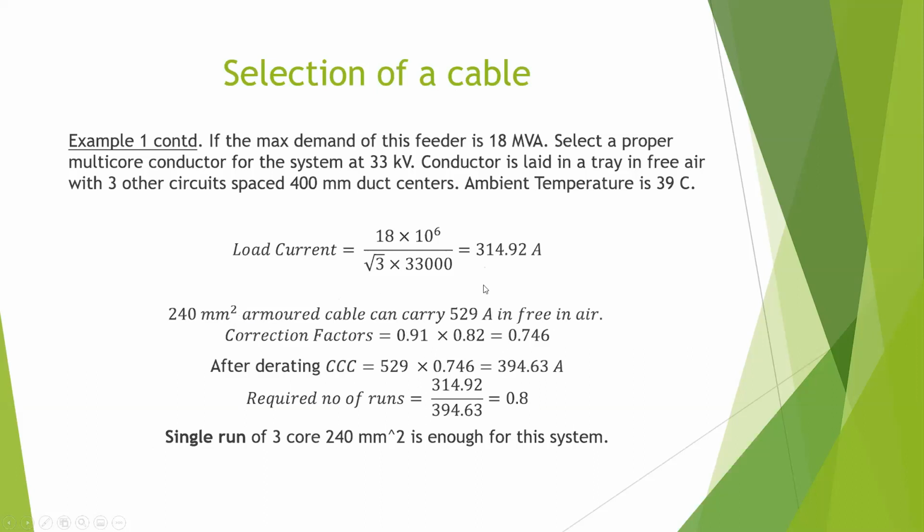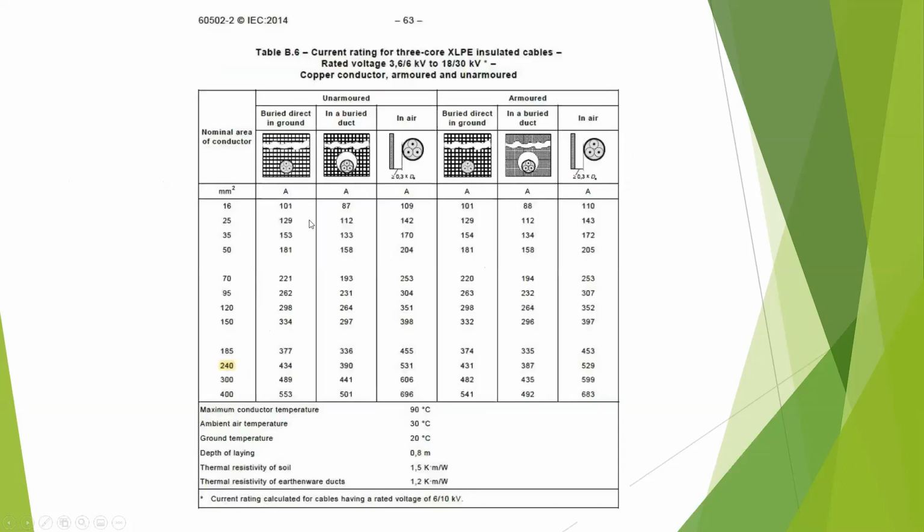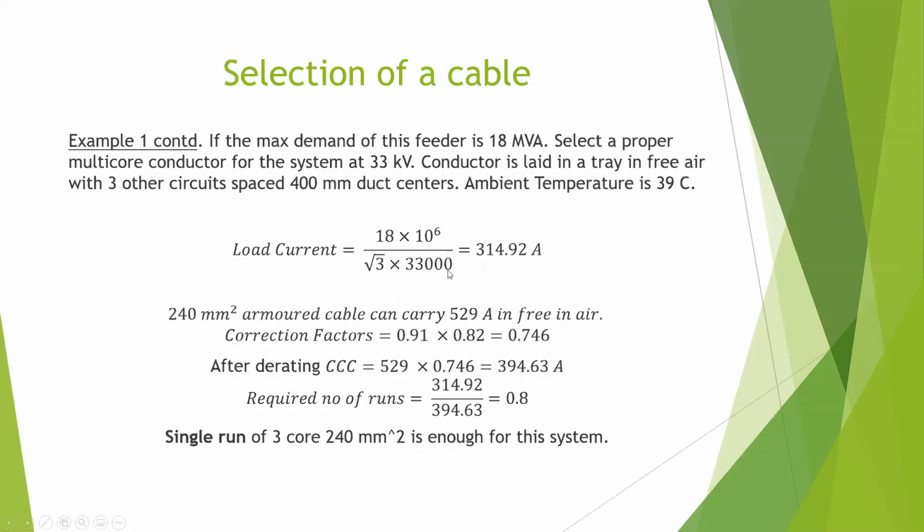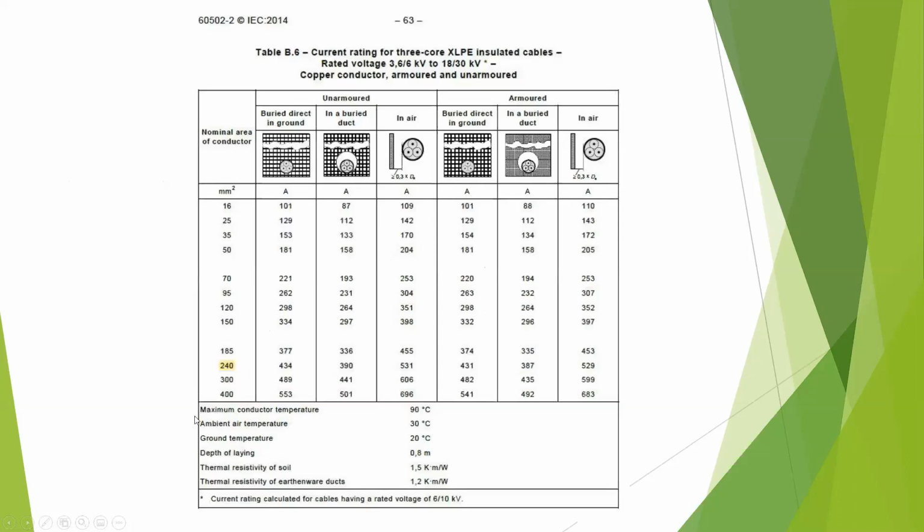Usually in cable manuals, the current ratings are given for free air and laid in trays, and laid directly in ground. So all the things are given. But under the table, there will be some information.